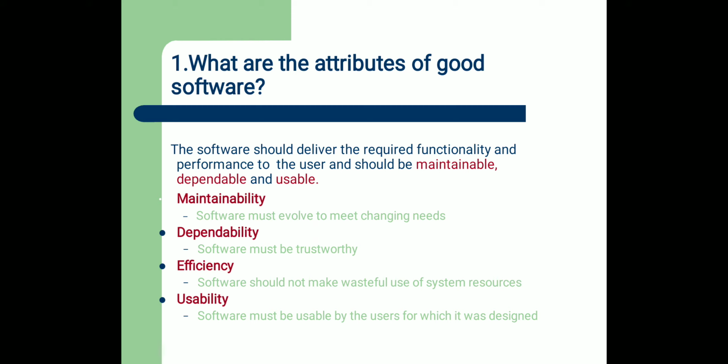Suppose on a mobile or desktop we have to download a number of applications, that is, software. When we are not using any software, it should not use system resources.